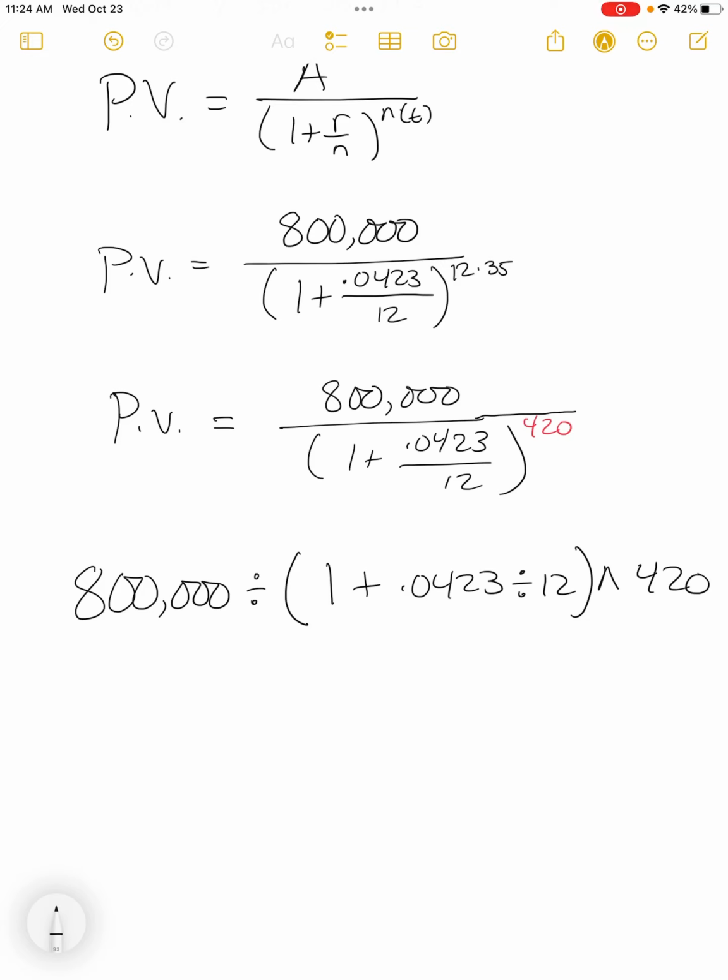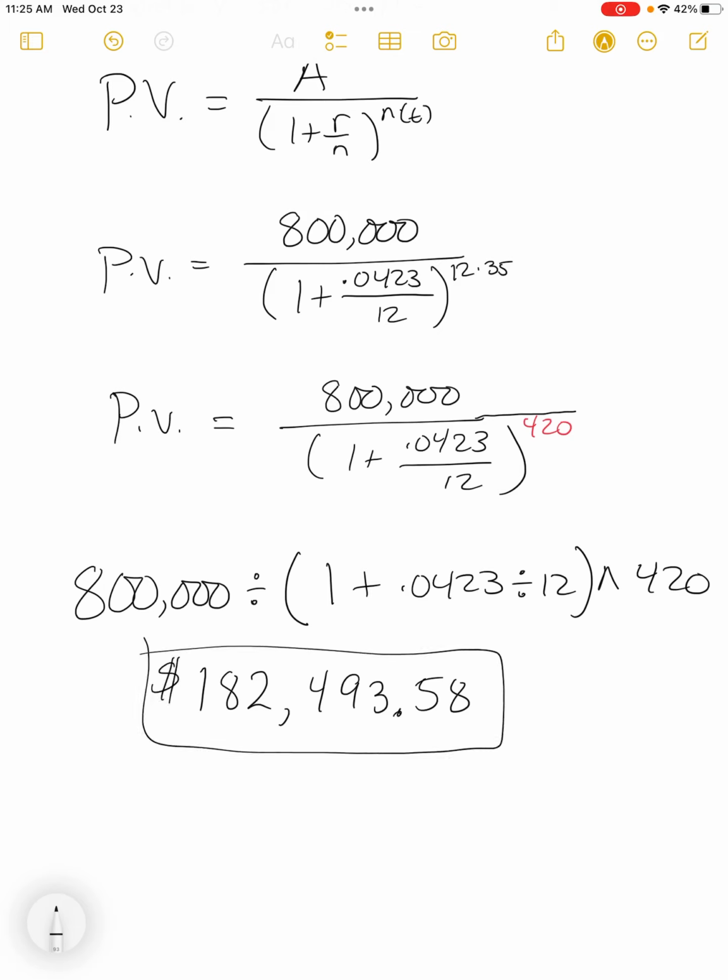We get that in order to have my money grow to 800,000 in 35 years under the parameters that were given, I need to invest right now $182,493.58. That is what's going to allow me to have my money grow to 800,000 in 35 years if I'm expecting a 4.23% annual rate that's compounded monthly.